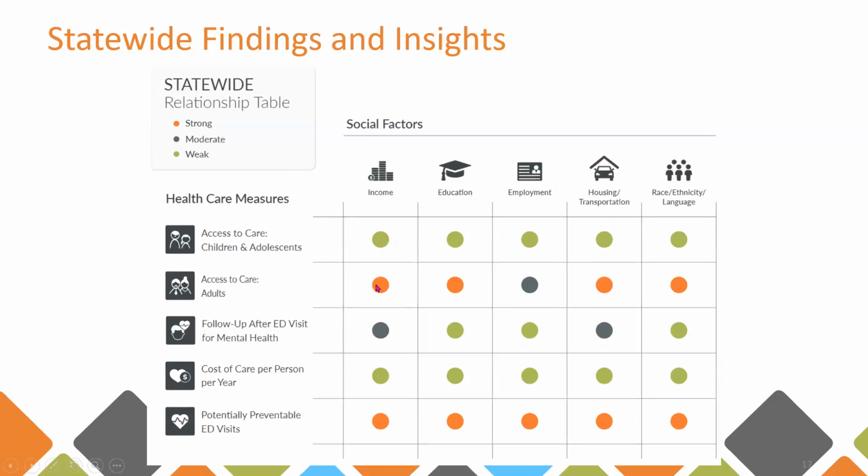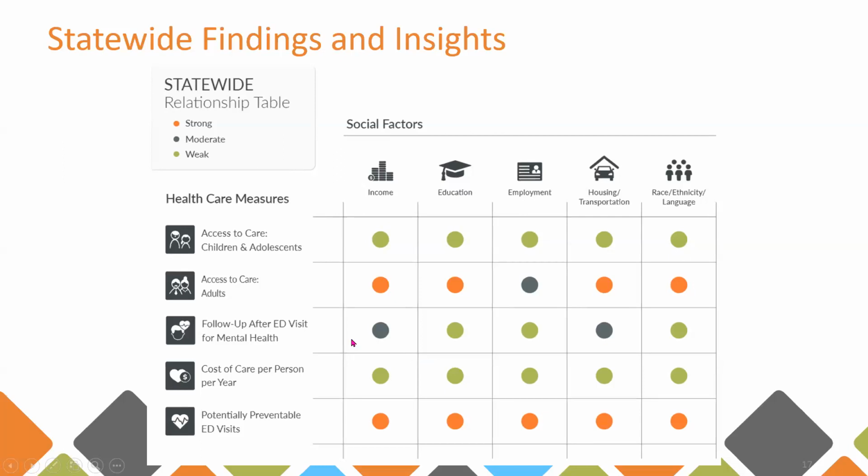For adult access to care, however, you see that both income and education are very strongly related to adults not receiving care. Employment wasn't as strong, but there was still a moderate relationship there. Definitely housing, transportation, and race, ethnicity, and language preference were very strongly related to adults not receiving care.